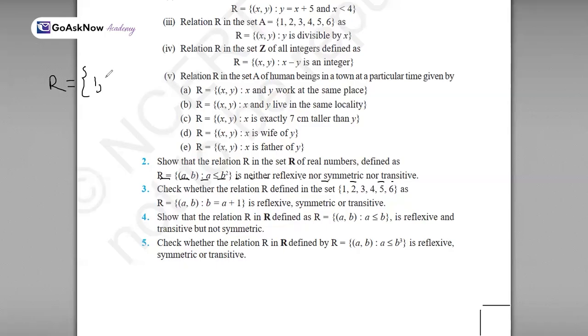You can take the ordered pair as (1, 2). Then (2, 3) you can take. Then you can take another ordered pair like (3, 4).